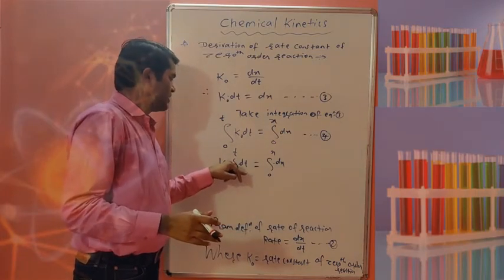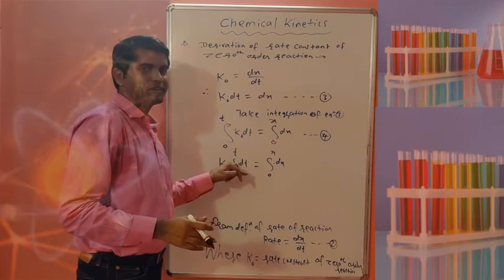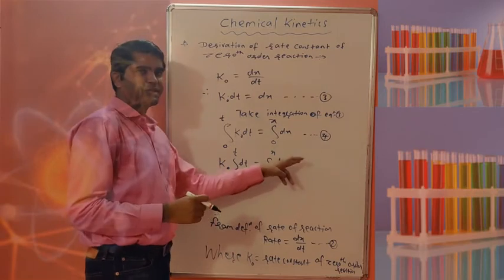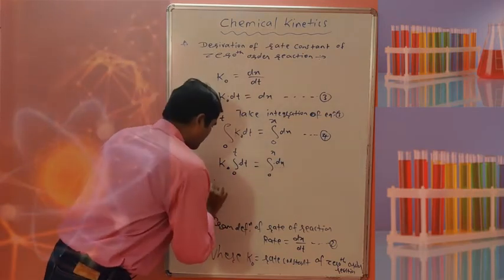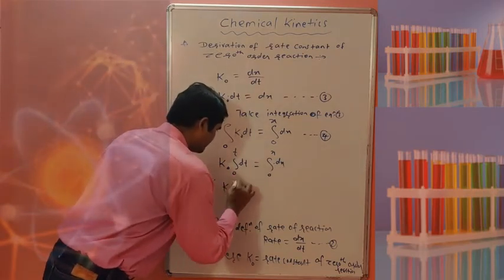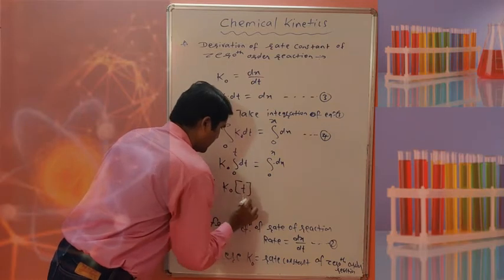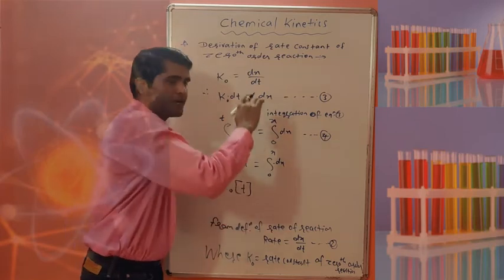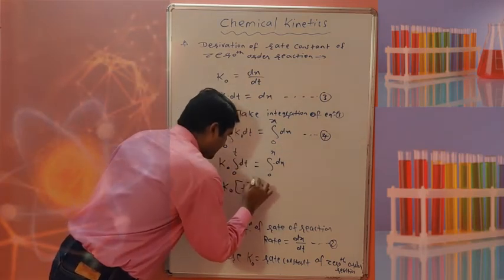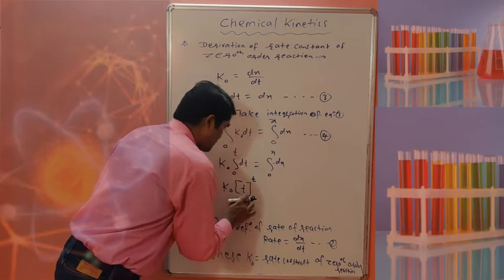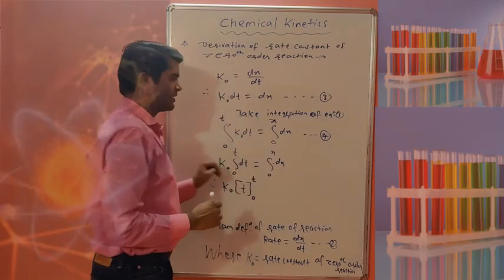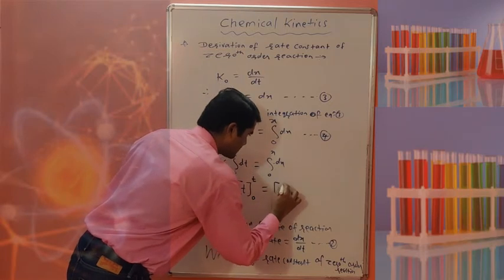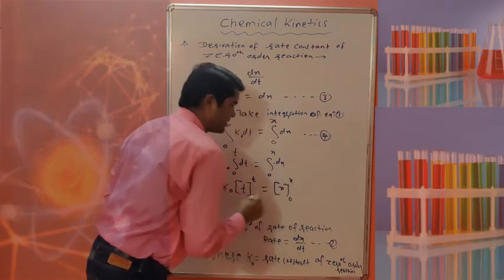So this integration and this derivative will be cancelled, and integration of dt is only t, and integration of dx is only x. So therefore you can write K0 t, and I am writing in square brackets because we have to write upper limit and lower limit. So the lower limit you write at the bottom, so 0 is the lower limit, upper limit is t, written at the top. And the integration of dx is x, lower limit 0, upper limit x.